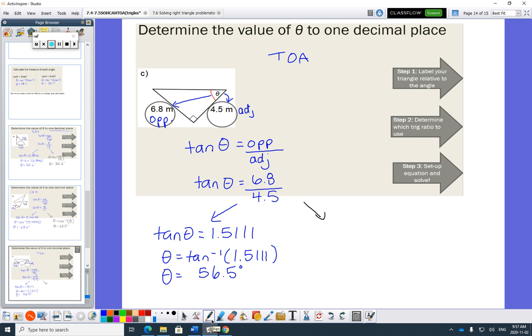Here, it doesn't really matter. Some people like to keep a few decimals and then round at the end. It doesn't matter.